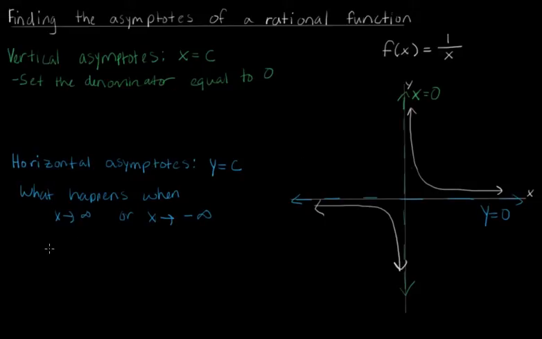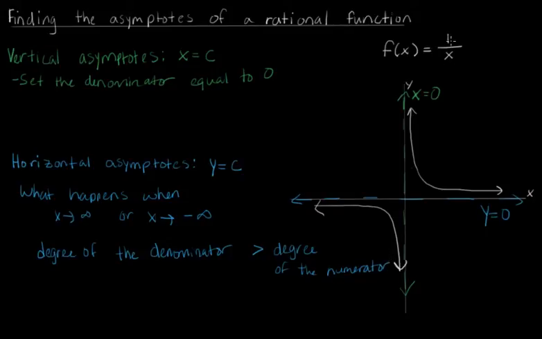So if you ever have a fraction like 1 over x, where the degree of the denominator is greater than the degree of the numerator, like 1 over x, right?